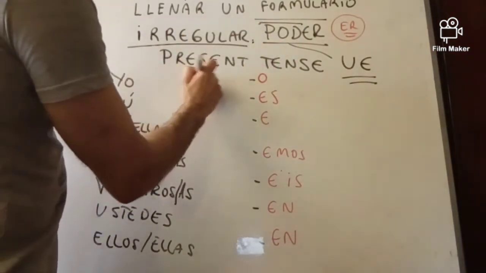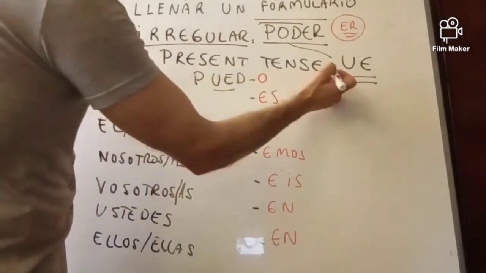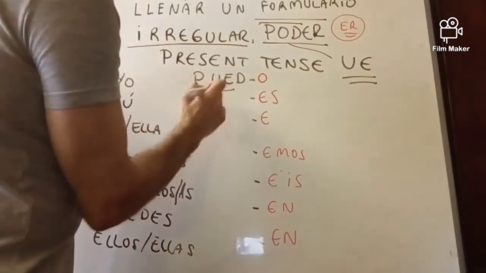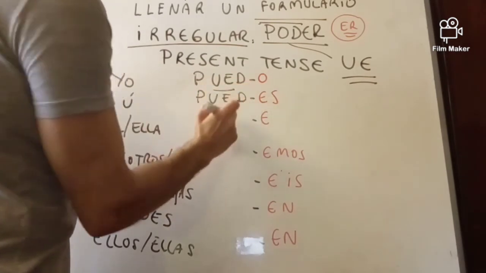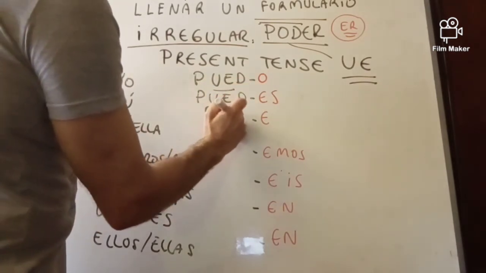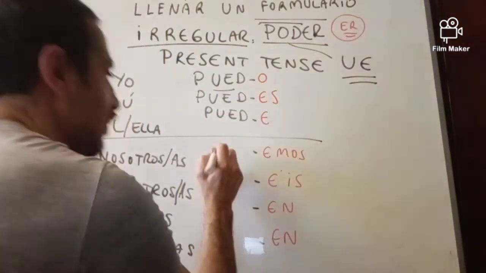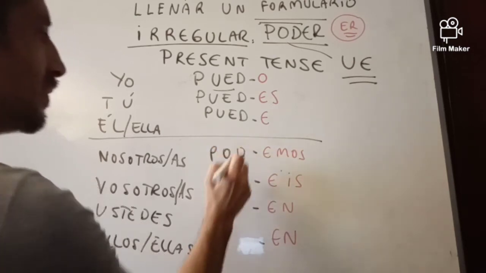Let's see. Puedo. See? We don't say podo, but puedo. Puedes, tú puedes. Él, ella puede. But what happens here? Nosotros, nosotras podemos.